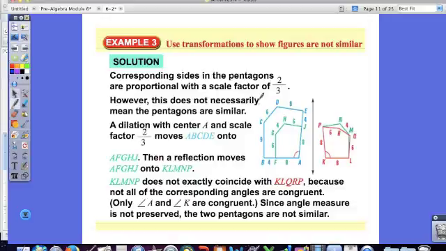So in this next picture, they actually show that they shrunk this down so that the sides matched, but when they reflected it over the axis, you could see that these were not congruent. Those angles were not congruent, therefore the shapes are not similar.